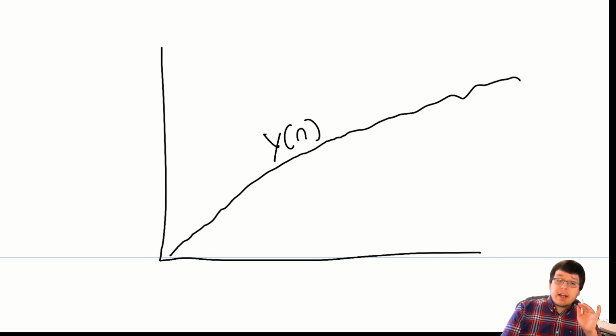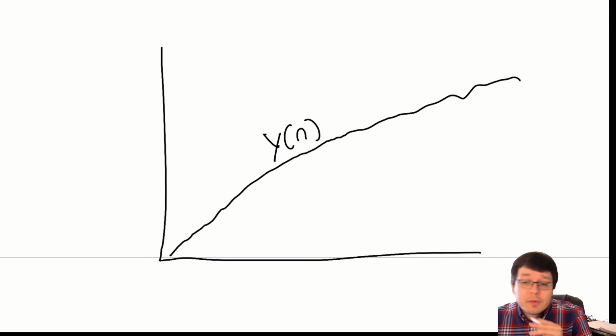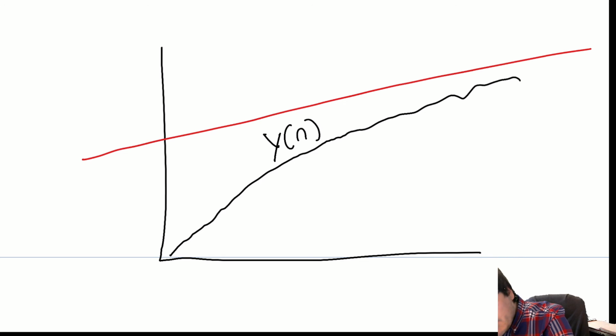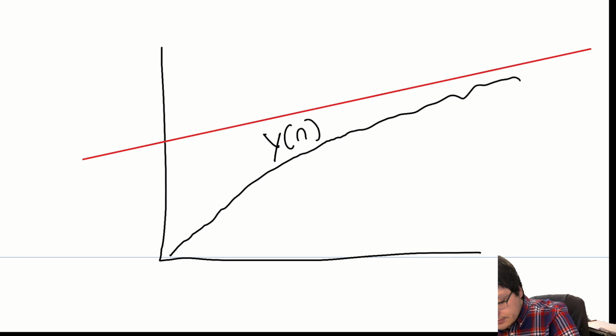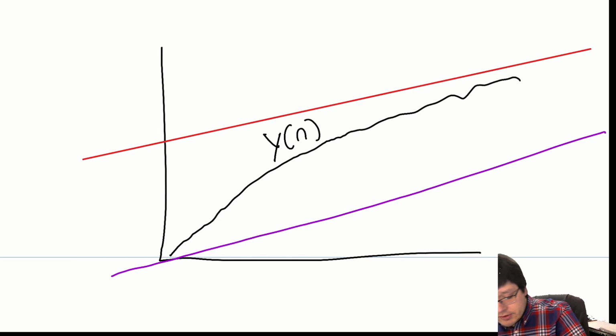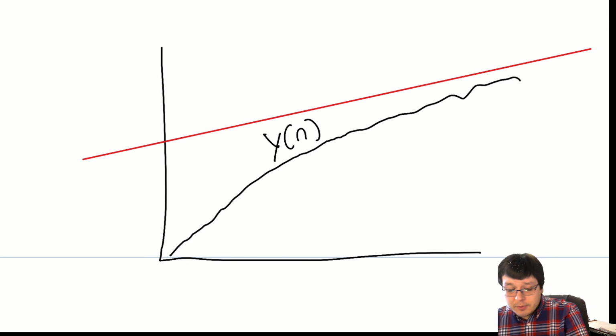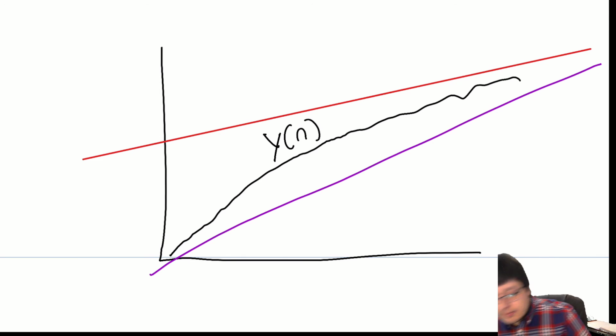This is my function that I have. What I'm saying is I want to create an upper bound function and a lower bound function. Maybe like this, okay? They don't have to be straight lines either, so yeah.